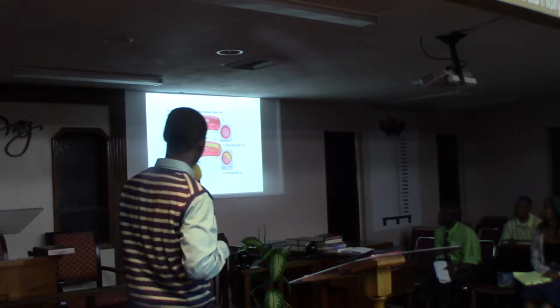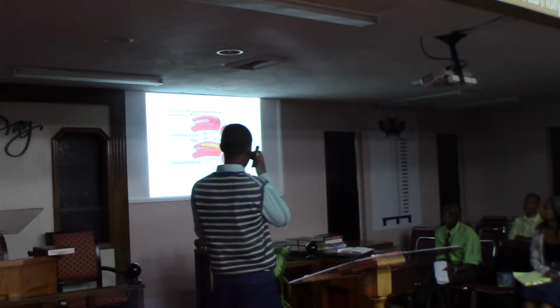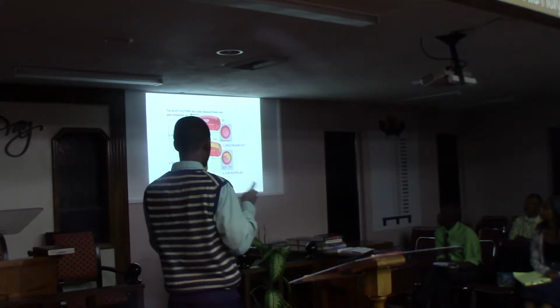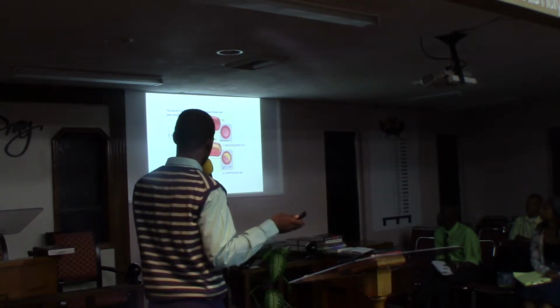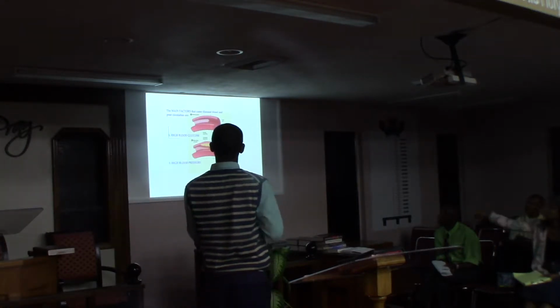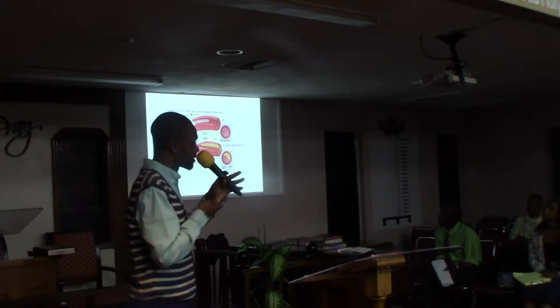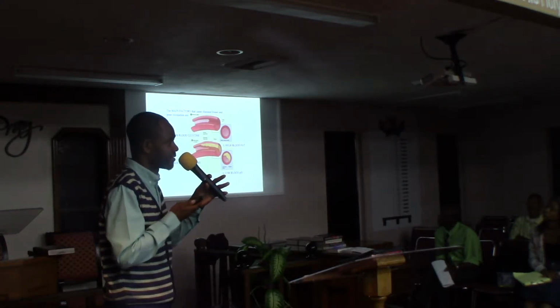Now you have the main factors that cause disease in blood and poor circulation. First one, high blood glucose. The second one, high blood pressure, because what high blood pressure does is cut the blood vessels.